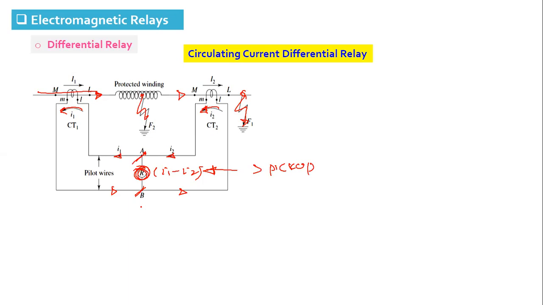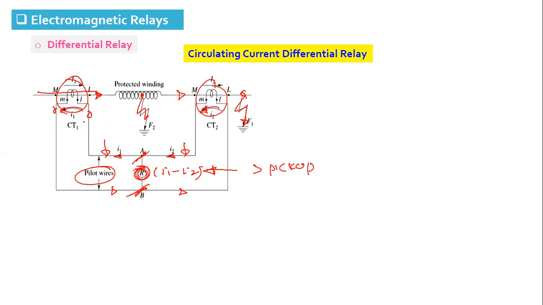Okay. What are the requirements of a simple differential relay? The relay must be connected at an equipotential point. Under normal condition, the voltage across the relay coil from both ends must be the same. Pilot wire length must be the same. What is a pilot wire? These are the wires which connect the CT secondary to the relay coil, because generally CTs are placed near the equipment, whether it is a generator, transformer or motor, whereas the relays are placed in the control room.